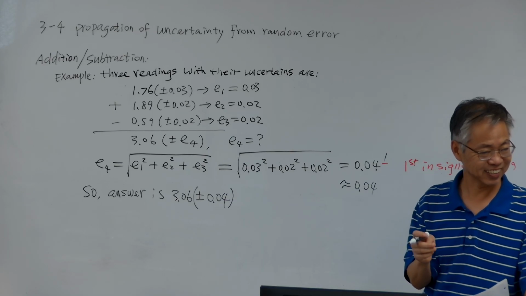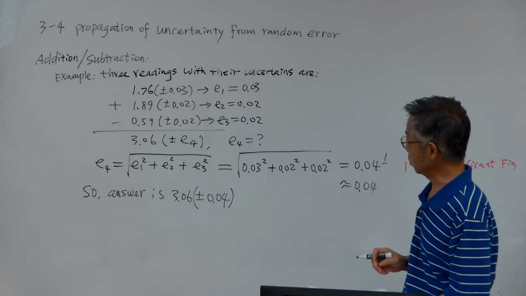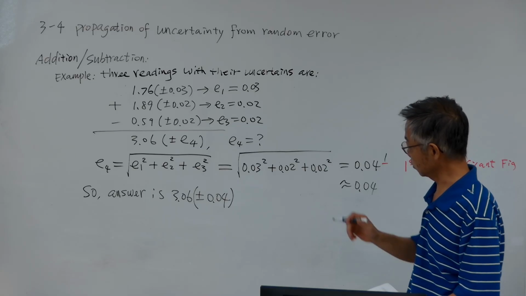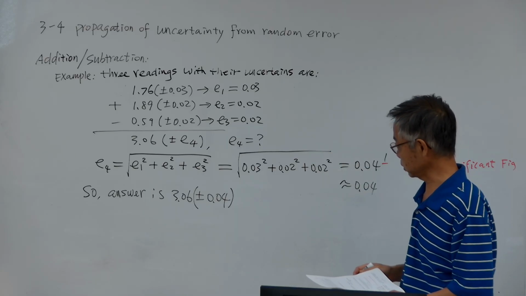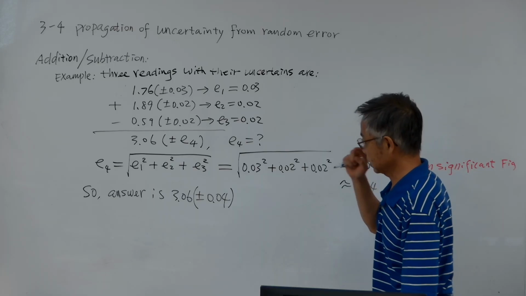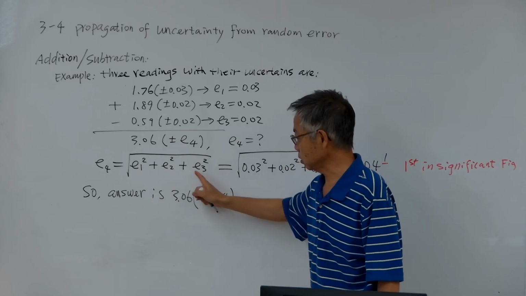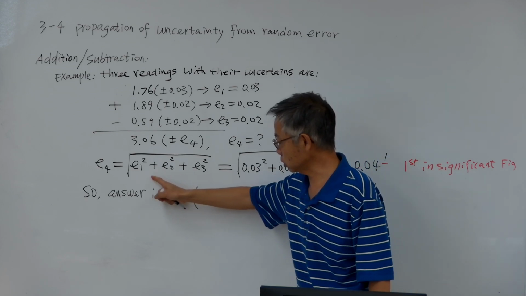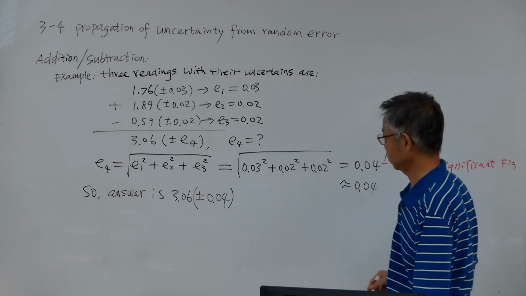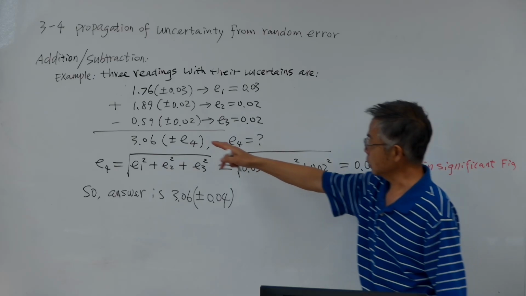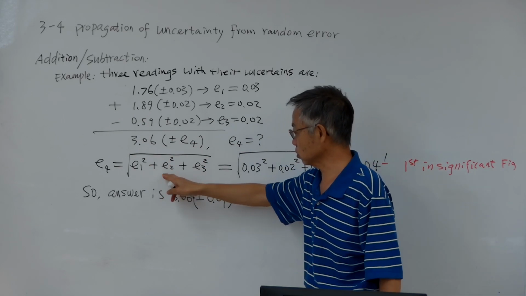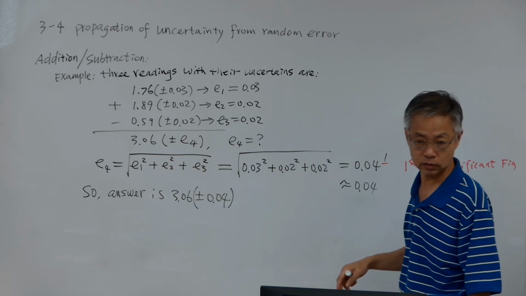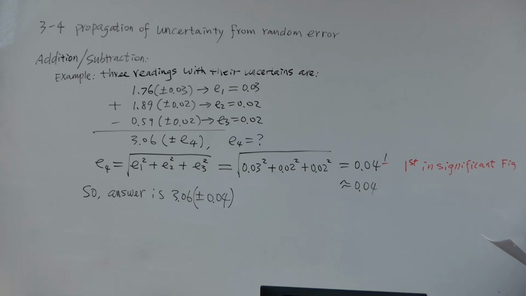Okay, are you okay? This is addition or subtraction. The result error is: add all these squares together and take the square root. So no matter whether it's minus or plus, you always add them together.